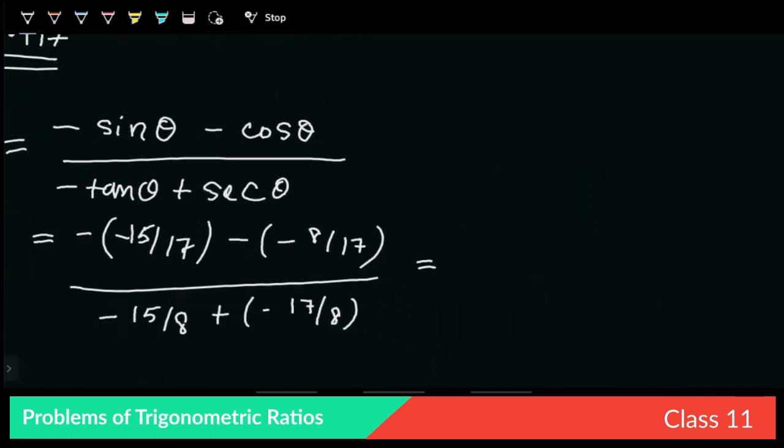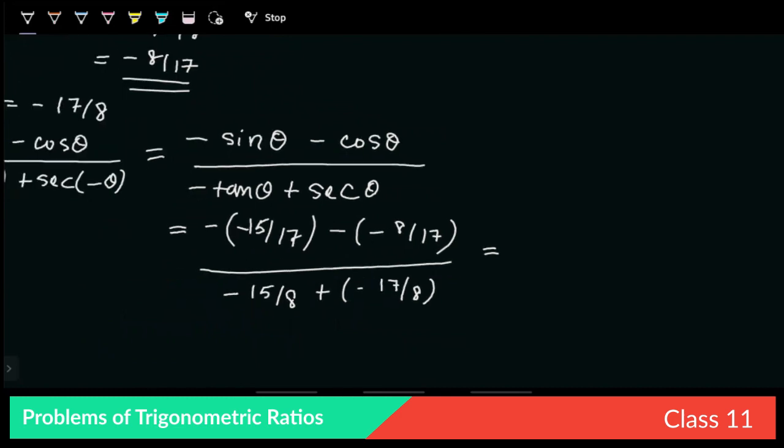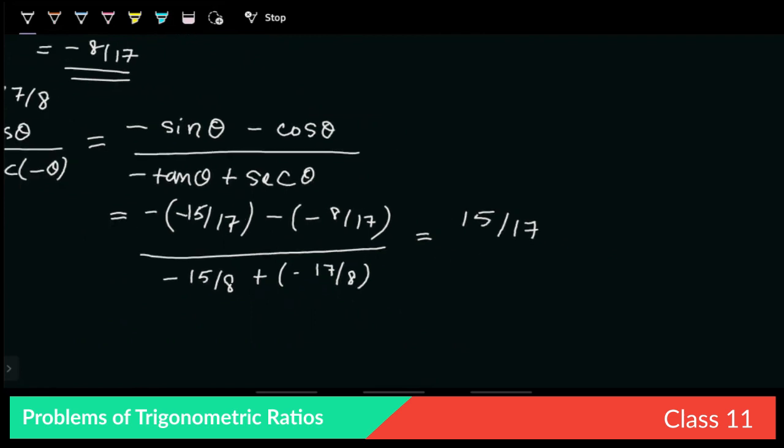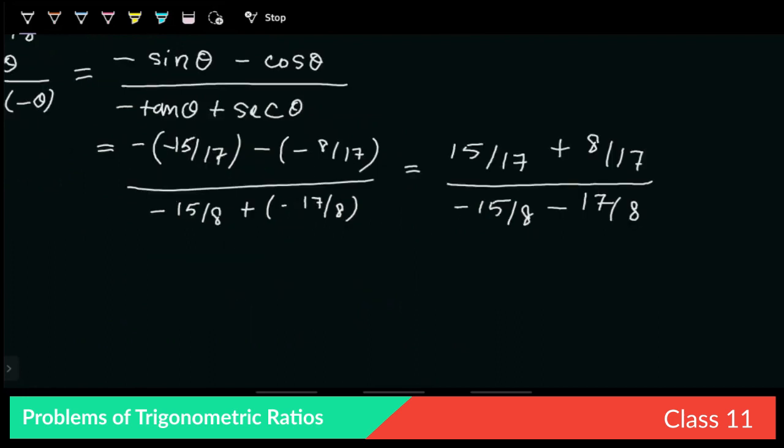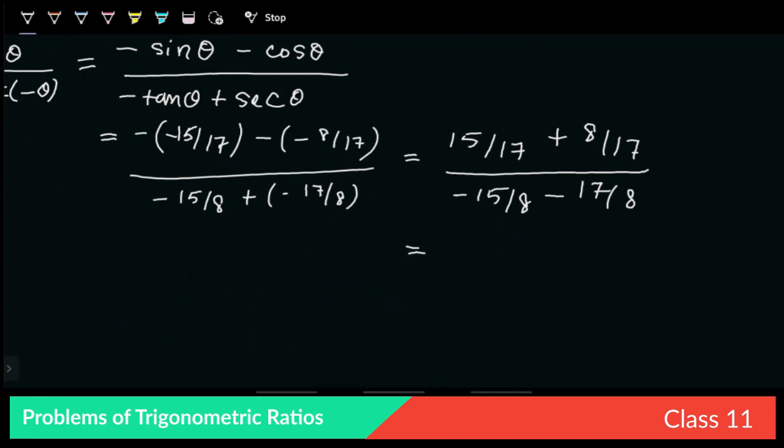Now if I solve this, minus of minus 15 by 17 is 15 by 17 only, because minus minus gives us plus, positive. Now minus of minus 8 by 17 is what? It is also plus 8 by 17. In the denominator, it is minus 15 by 8 minus 17 by 8. Now if I take the LCM in the numerator, I will get 23 by 17.